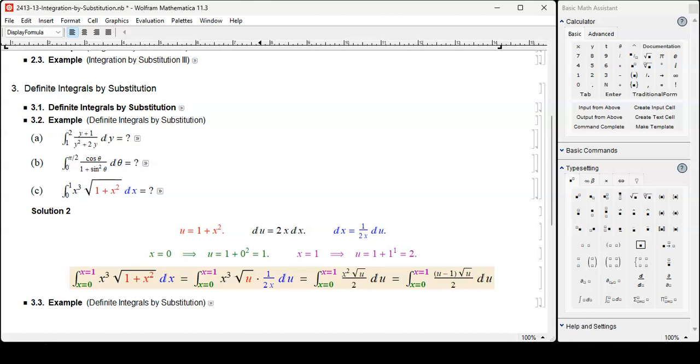Now x is running from 0 to 1, and u is running from 1 to 2. So let's change this. U is running from 1 to 2. Yeah, u is running from 1 to 2.